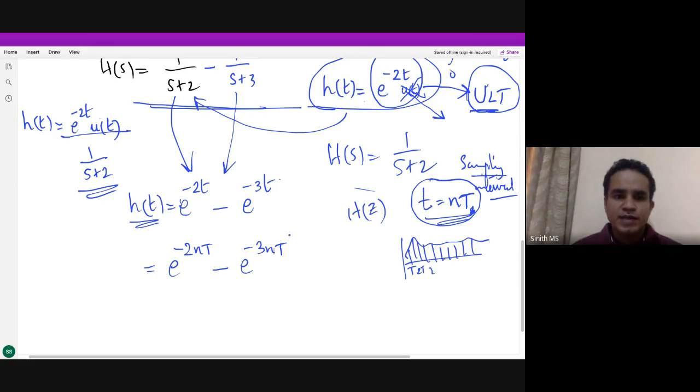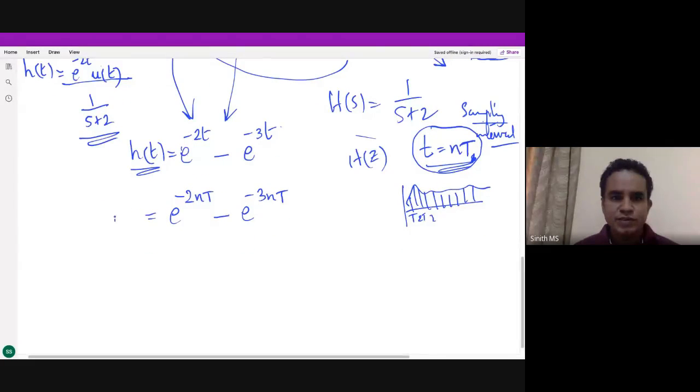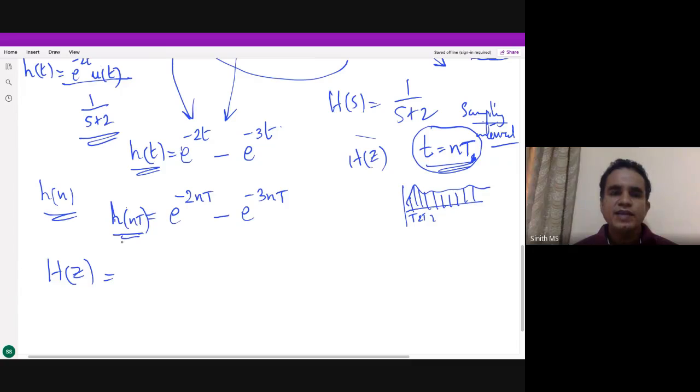So this is h(nT), the sampled version, which has now become discrete. This is h(n) itself. Since this is sampled, it is discrete. So how will you find H(z)? What will be the H(z) corresponding to this? Again, the unilateral z transform.